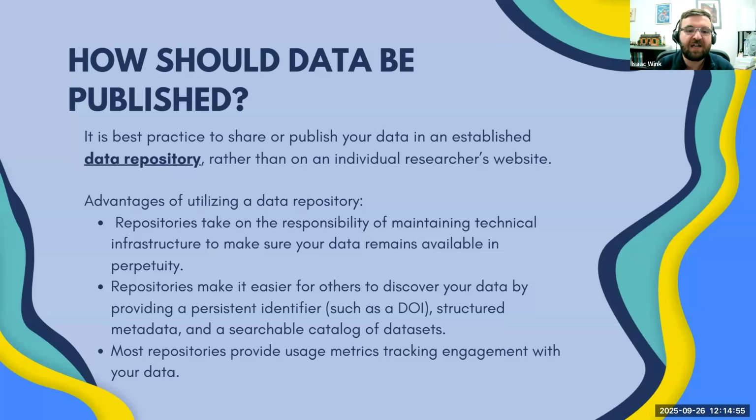And then finally, many of these repositories also host data sets in a searchable catalog so that others are able to find them through that keyword searching. Although in many cases, having that DOI really is one of the most important aspects for data set discoverability, since many researchers in practice locate data sets by seeing them mentioned or cited in a research article.